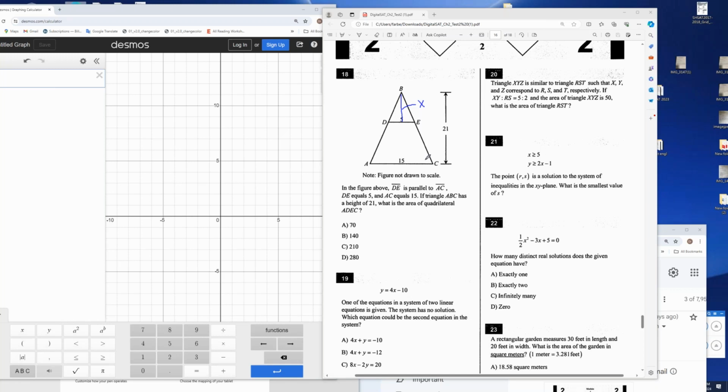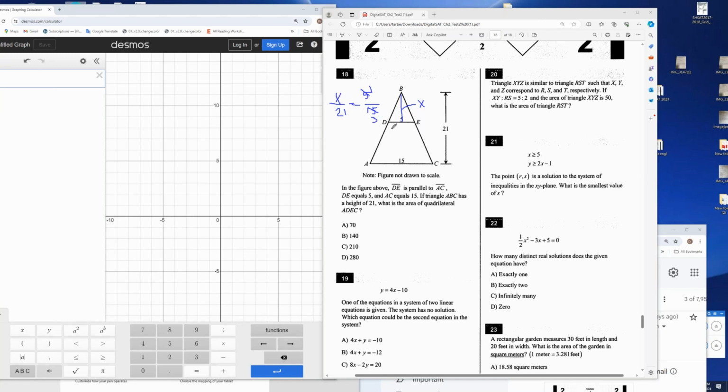What we have here. This is side x, right? To this altitude 21. Like this side to this side. And this is 1, this is 3.